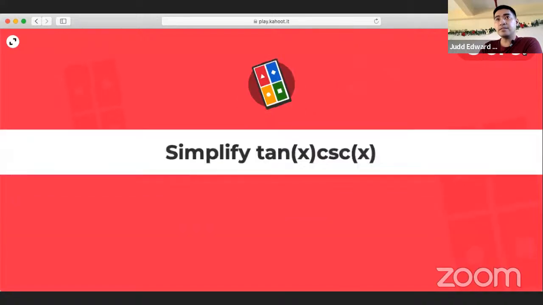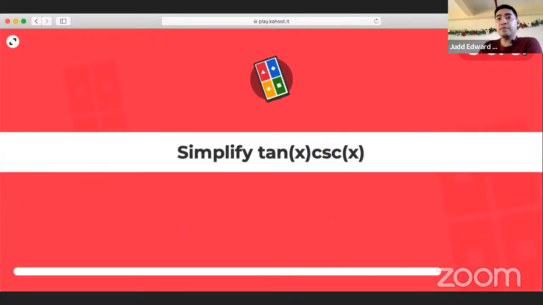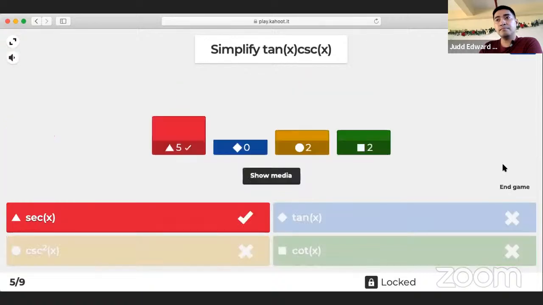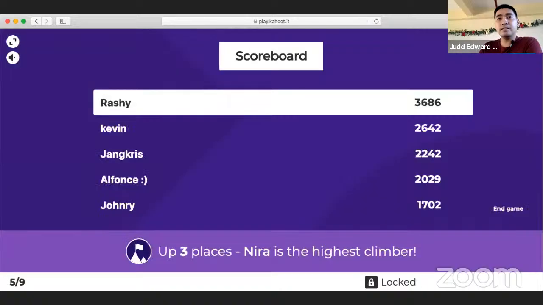Let's have the next questions. Simplify tan of x cosecant of x. Okay, secant of x is the correct answer. 5 got it correctly.